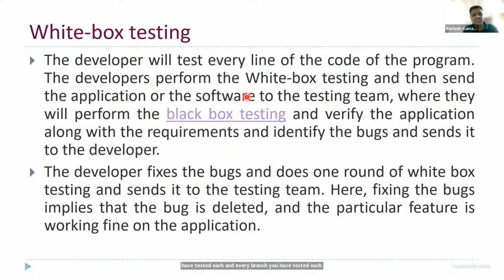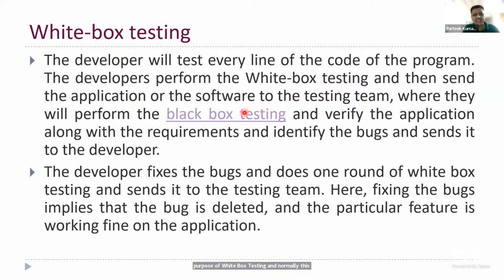You try to make sure by giving multiple inputs so that the whole code is tested thoroughly, and all the bugs, if there are any, you try to resolve before sending it to the testing team. So this is the purpose of white box testing, and normally it is used by the developers.